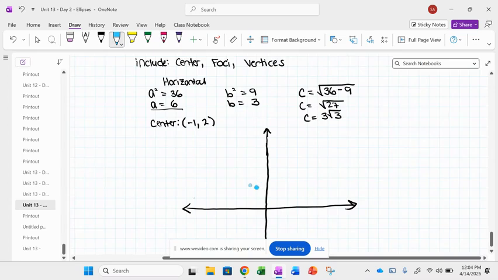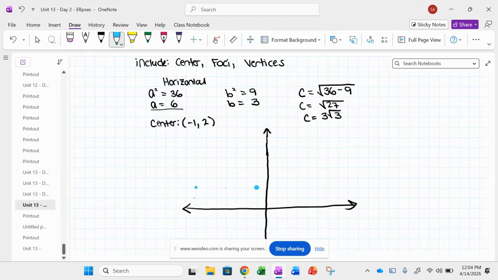From my center point, I'm going to go 6 units to the left, and from my center point, I'm going to go 6 to the right. How am I going to use the B now? So I used A, left, right. How am I going to use B? Up, down, exactly. So my B is 3, so I can go 3 up and 3 down.